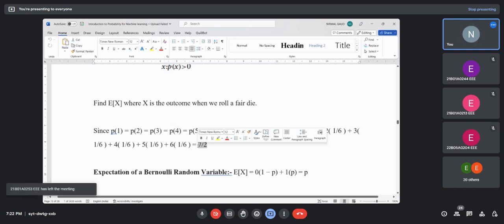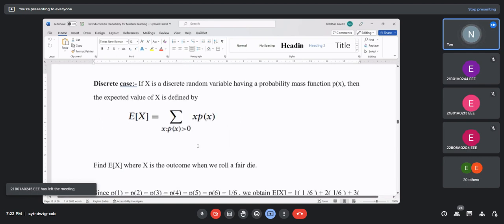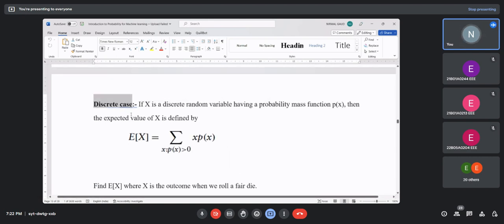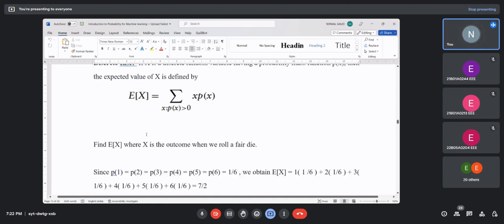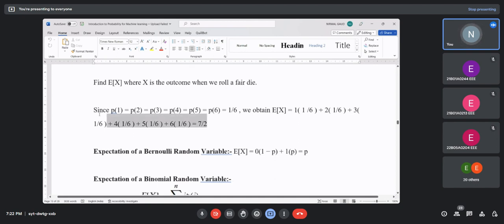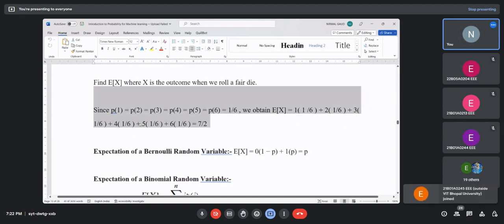The result is 7 by 2. So the number multiplied by its probability is the expectation of my discrete random variable. If someone asks what the expectation value is, this is the example you need to cover and understand.